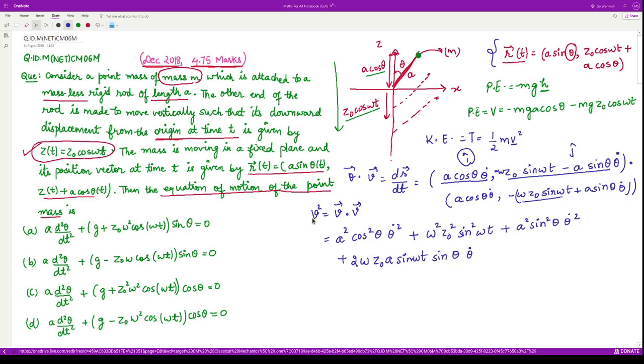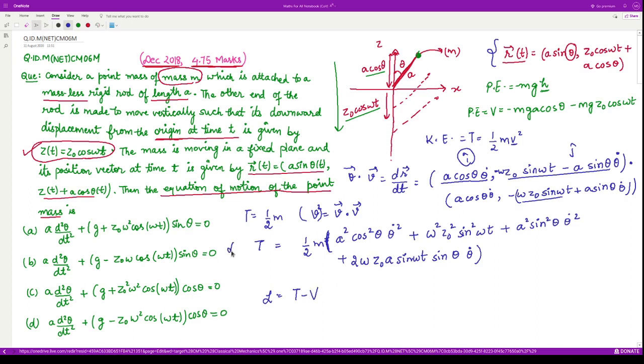So this is v square, and what is t? T is equal to half into m into v square. So that means we have t is equal to 1 by 2 m into this whole quantity. So now what would be our L? L would be calculated as t minus v.